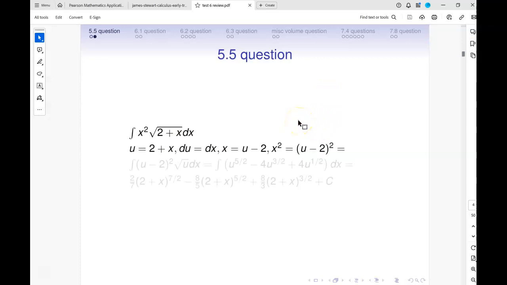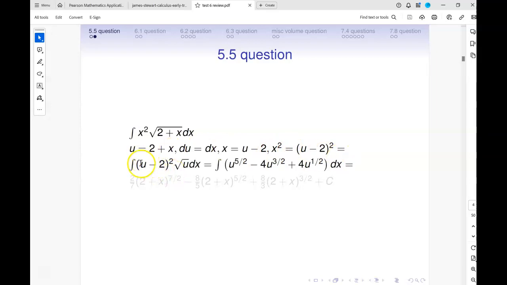So the u you should pick is 2 plus x. So du is dx. We have to figure out what to do with the x squared. To do that, I'm going to take my u and rearrange this equation. I'm going to subtract 2 from both sides to say x is equal to u minus 2. So x squared should be u minus 2 squared.